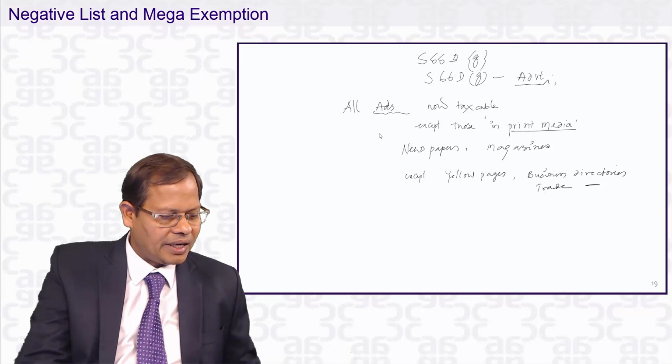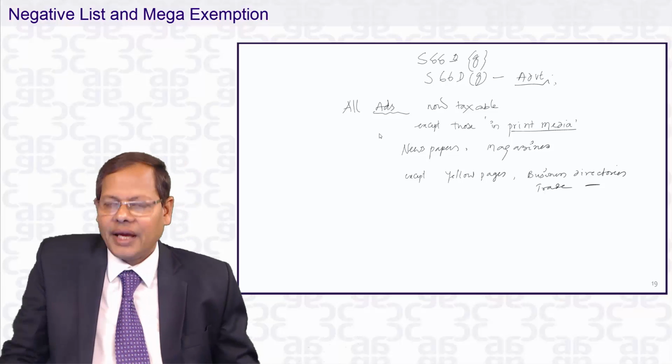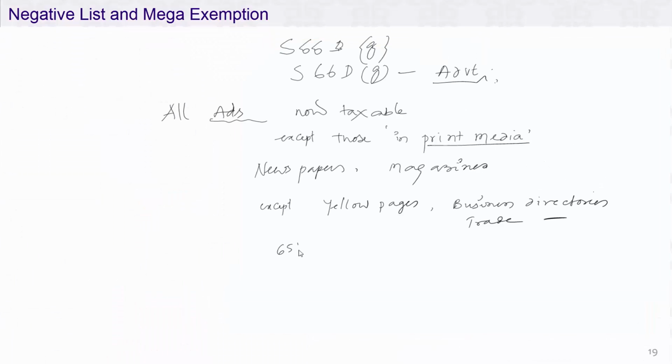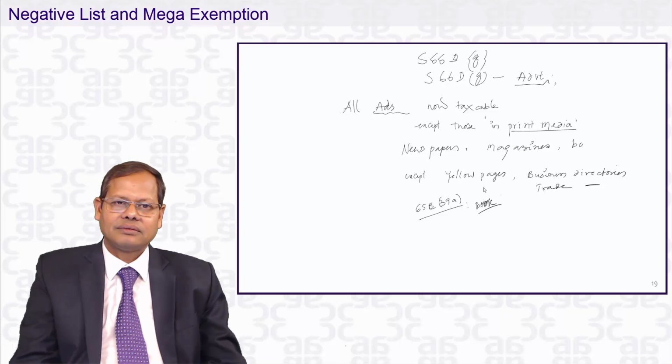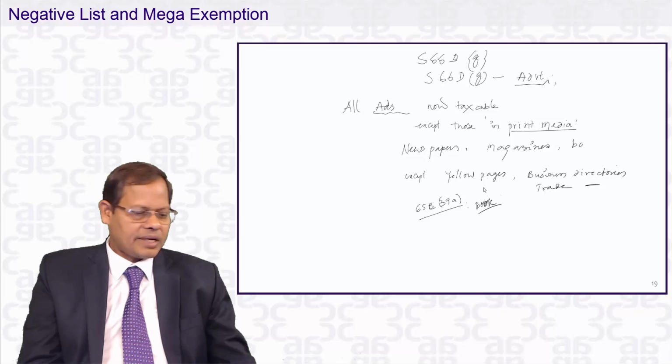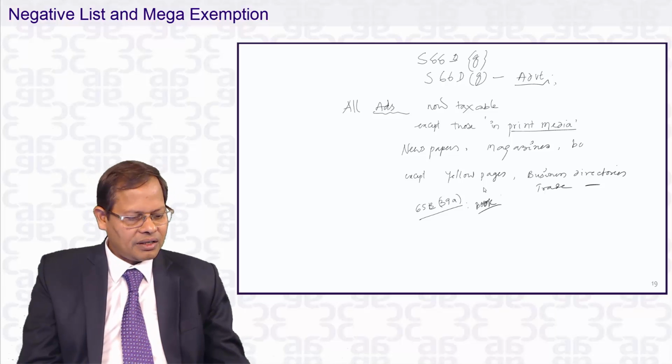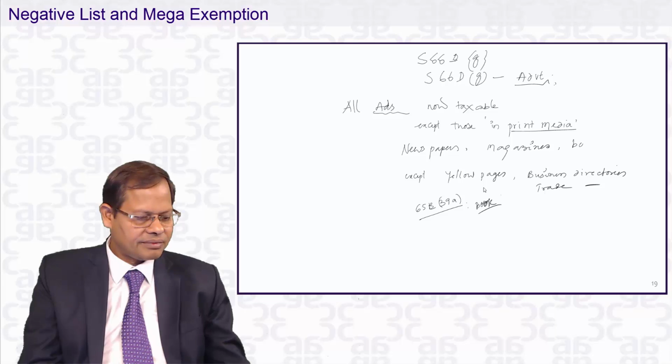So for print media, section 65B, clause 39A, they say means book. A book is print media. If you give some advertisement to a book, no service tax. Book as defined under the Registration of Books Act.